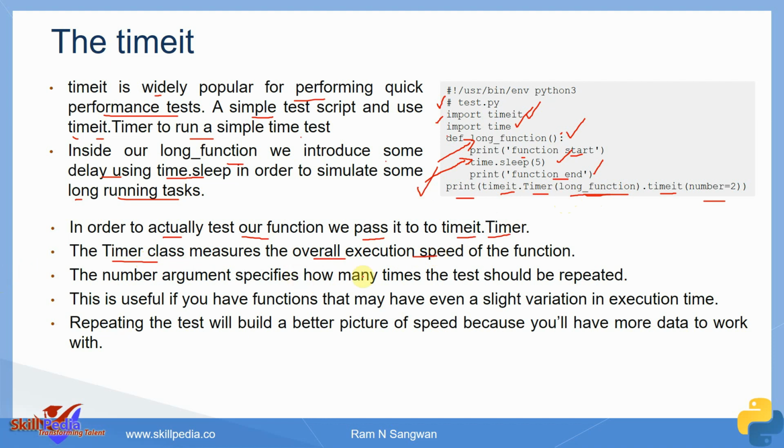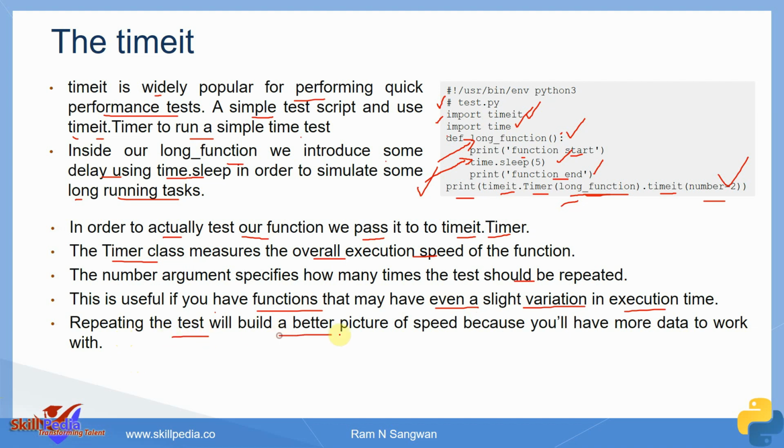The number argument specifies how many times the test should be repeated. We are saying 2, so this should be repeated twice. This is useful if you have functions that may have even a slight variation in execution time.